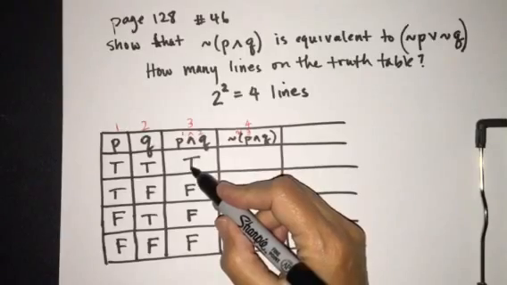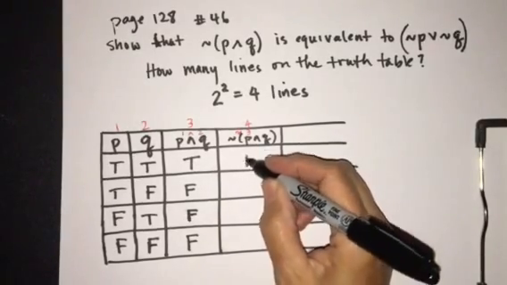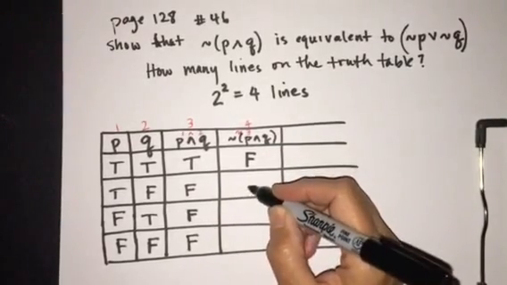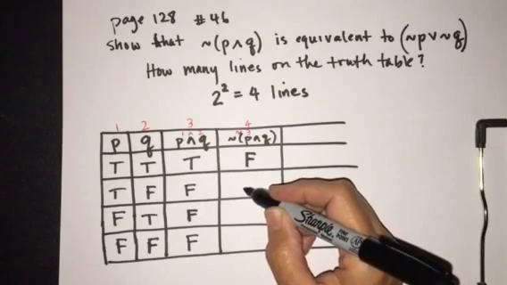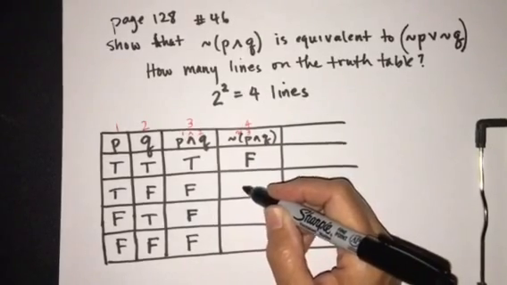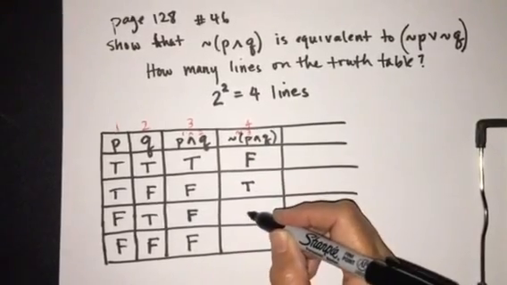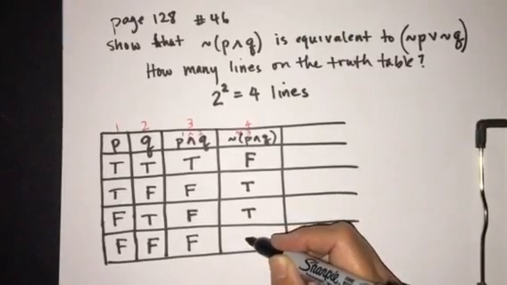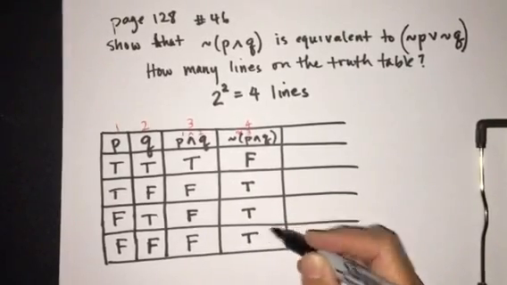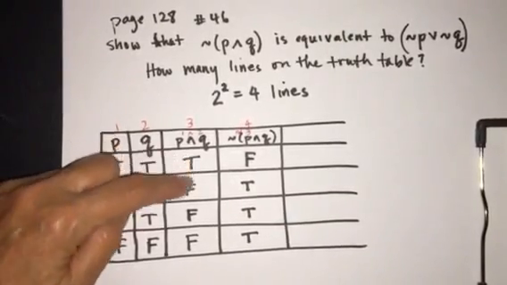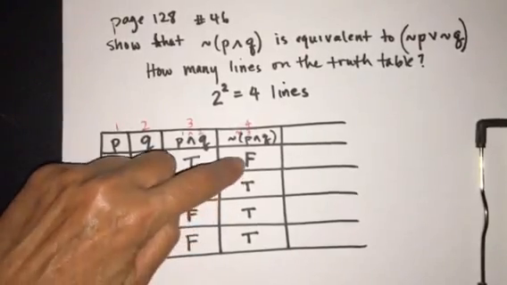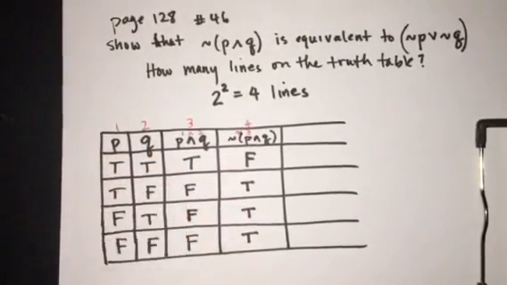So on line number 1, column 3 has a T, column 4 is going to have an F. On line number 2, column 3 has F, column 4 has T. The next few lines are the same. So instead of T, F, F, F, we'll have F, T, T, T. We're halfway through with this problem.